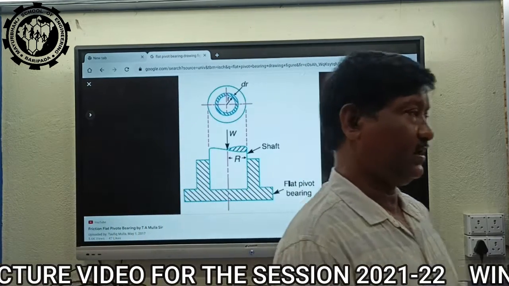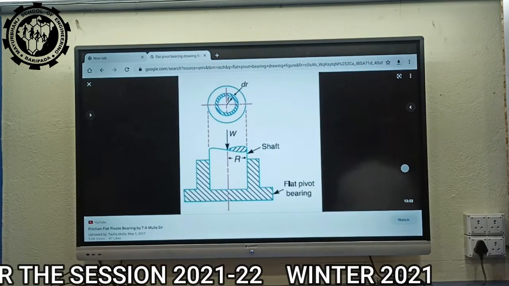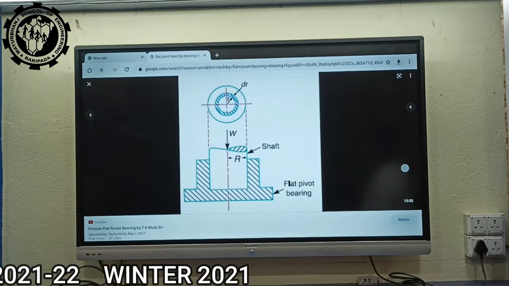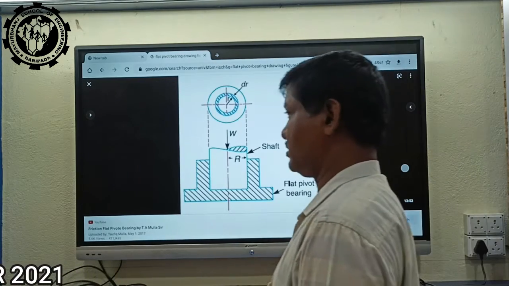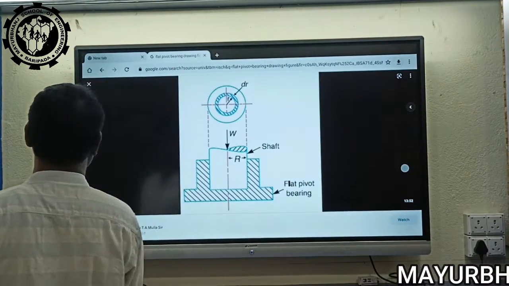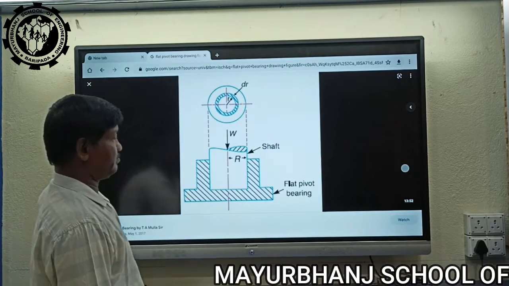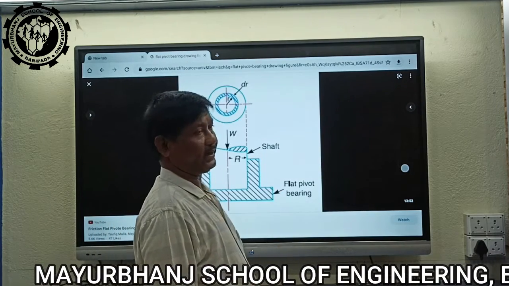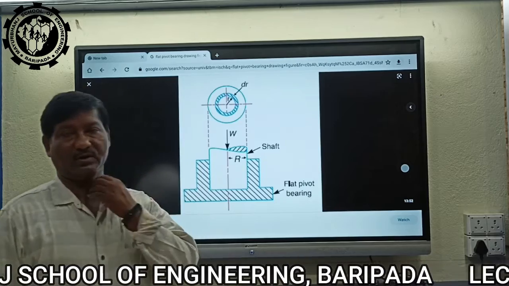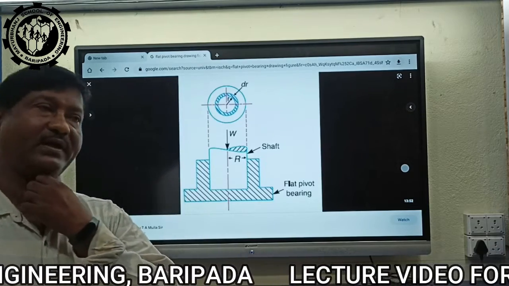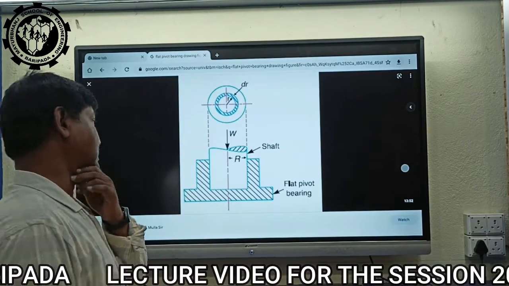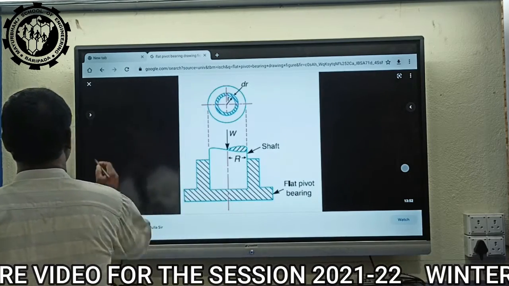Today we will study the friction chapter of the subject, that is, bearings and clutches. This chapter includes bearings and clutches. What are the bearings?